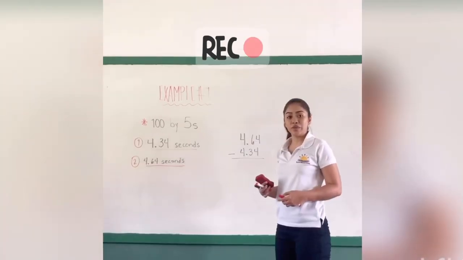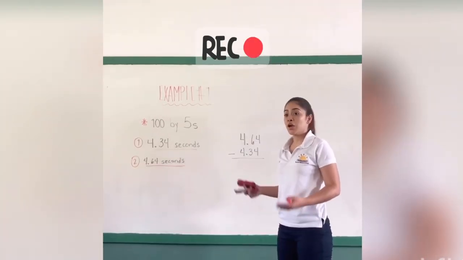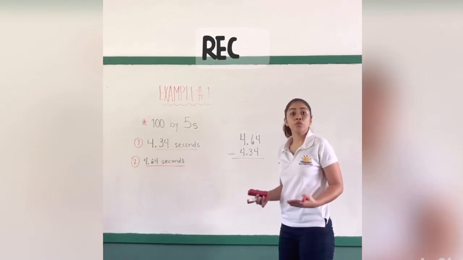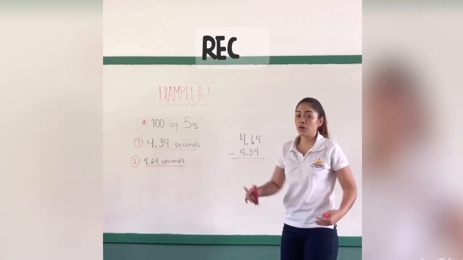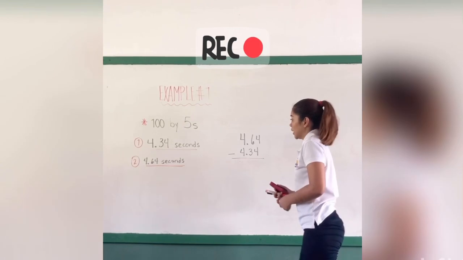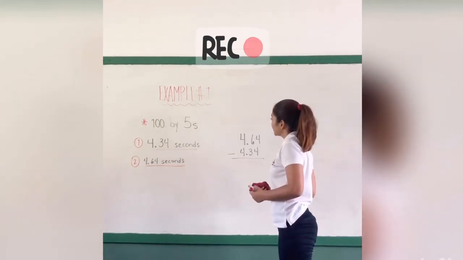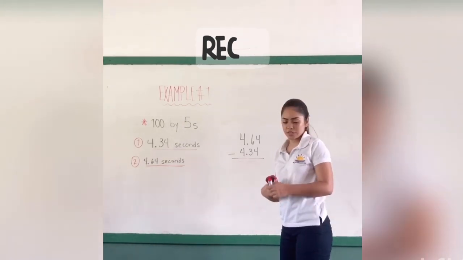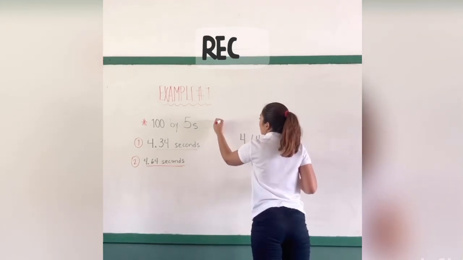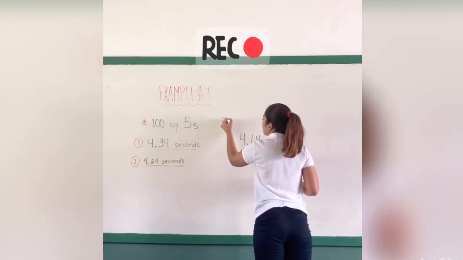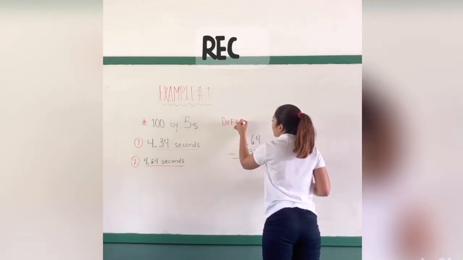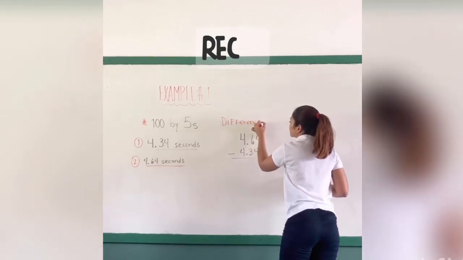As we are doing addition and subtraction, we need to find out what we need to do, to add or to subtract. We have to find the difference, and difference will always mean subtraction.